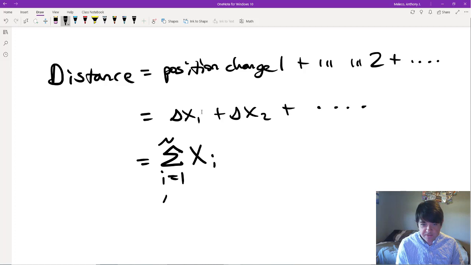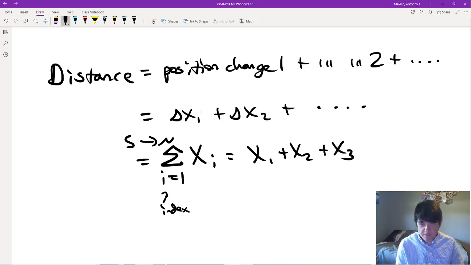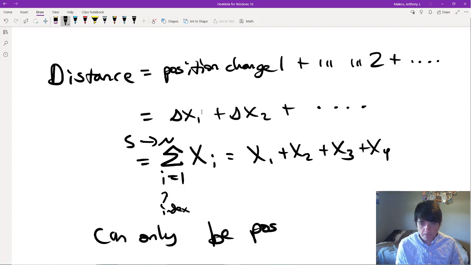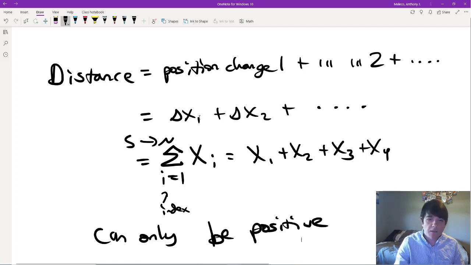And this represents an index, okay? It's used to count 1 to 5. And this just means x1 plus x2 plus x3, or if you want to add the delta there to represent the change. Okay, so this can only be positive. And the symbol for distance is just x, okay, or d.